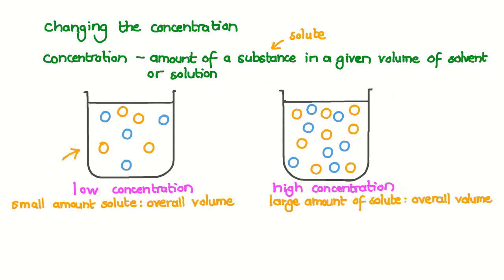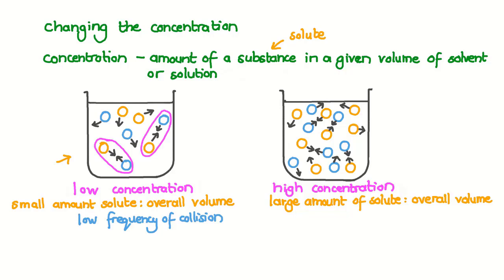For a low concentration, there is a small amount of solute relative to the overall volume of the solvent or solution. For a high concentration, there is a large amount of solute relative to the overall volume of solvent or solution. Now, particles in solution are always moving randomly. For a low concentration solution, there is a low frequency of collision.